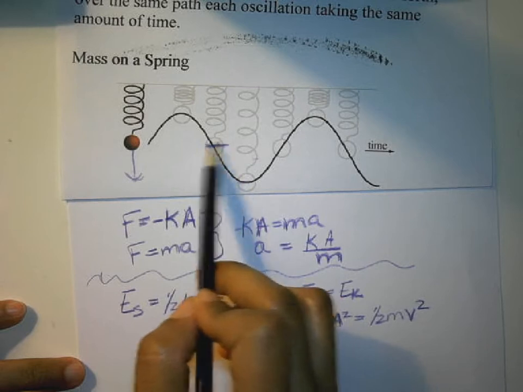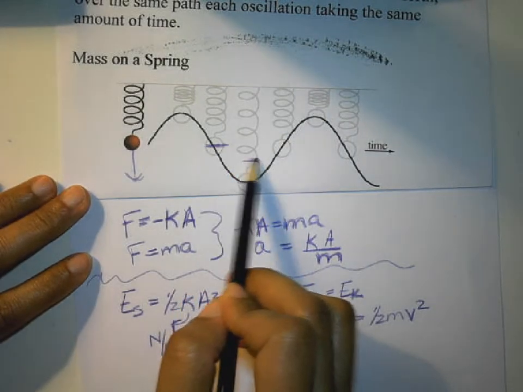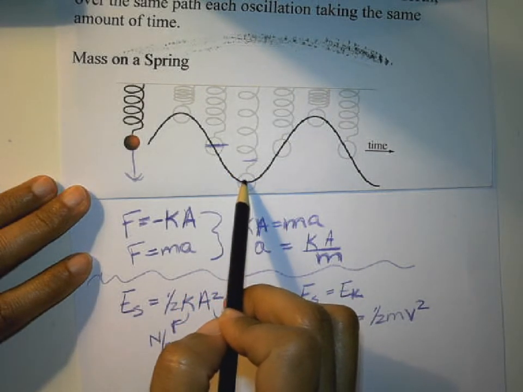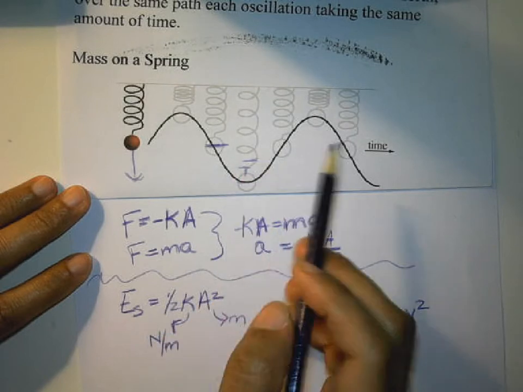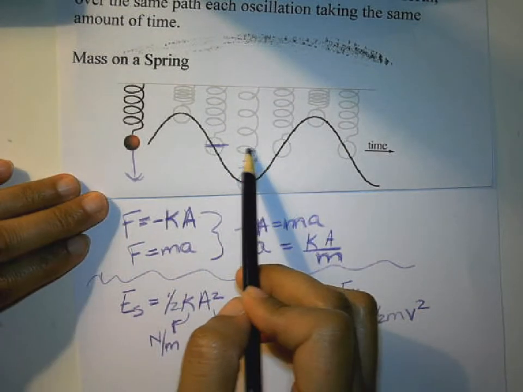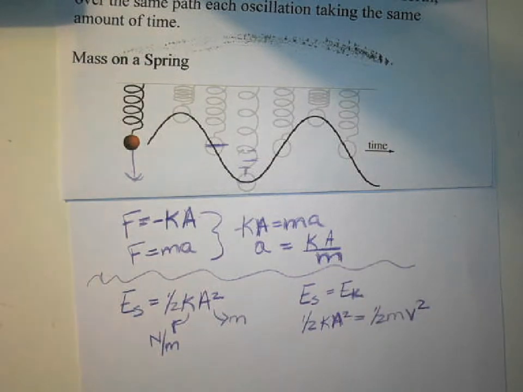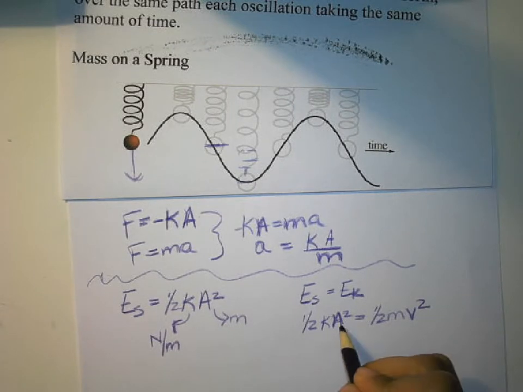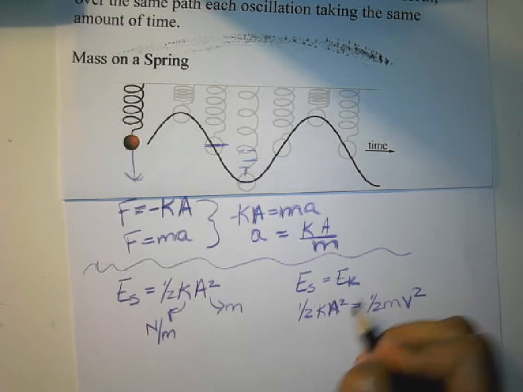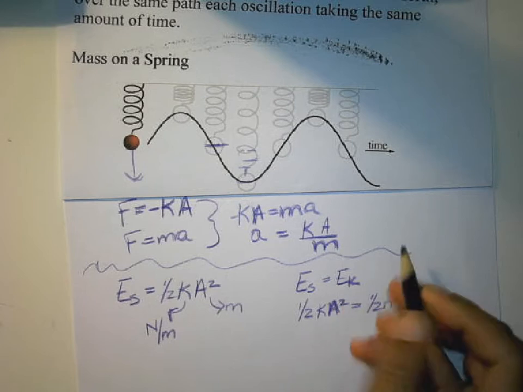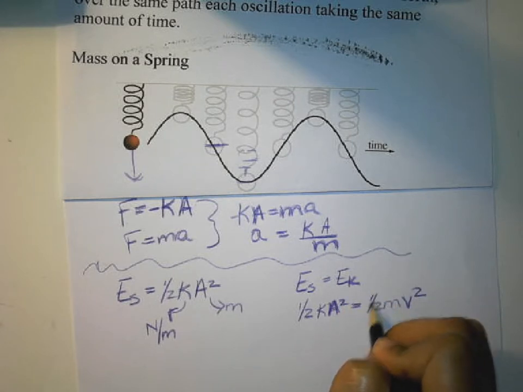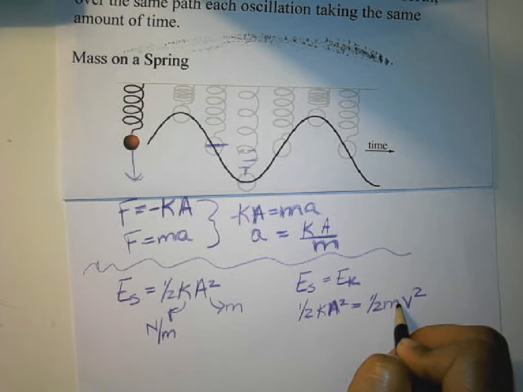That's through equilibrium, but what about halfway, or maybe when it's traveled 2 centimeters up, or maybe when it's traveled 8 centimeters up? How do you get the velocity there? Well, what most students want to do is figure out what the amplitude is and place that number in for A. So let's say the maximum amplitude is 10 centimeters, but I want to know what the velocity is when it's traveled 8.